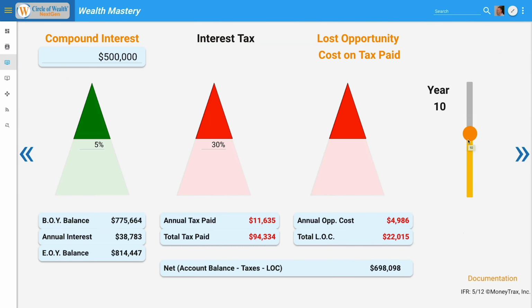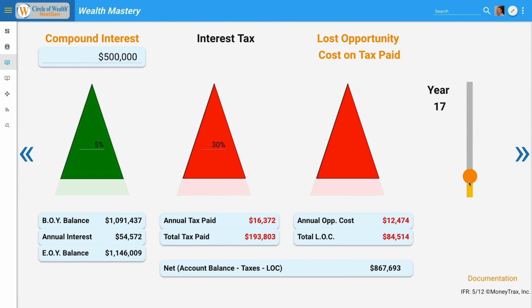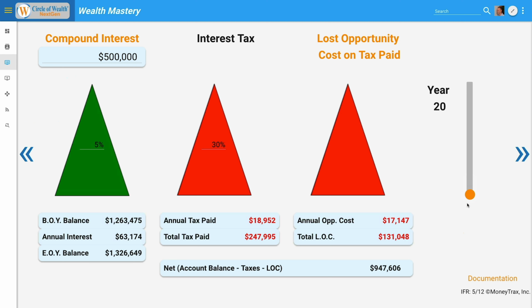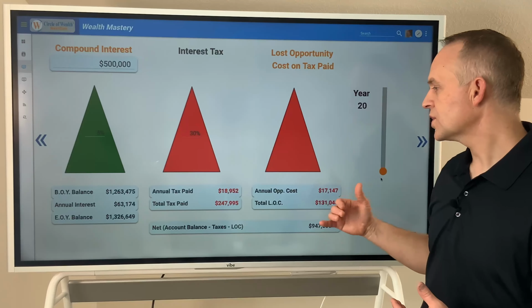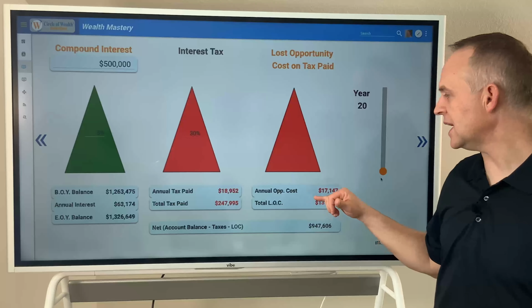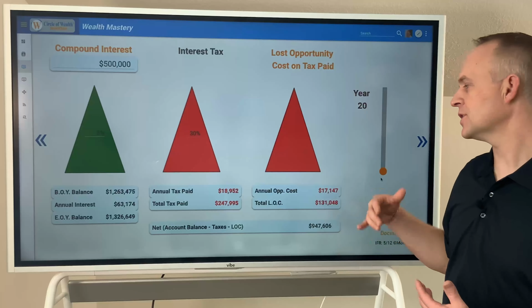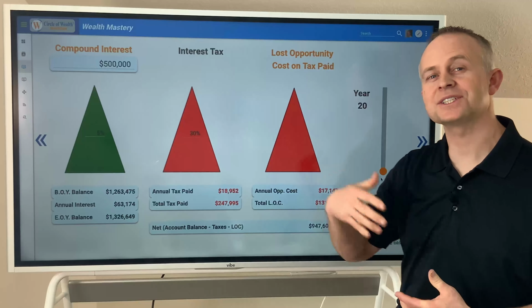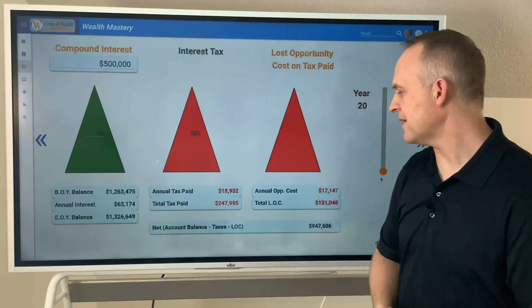Okay, so as we continue and go to the full 20 years, then yes, we do have our $1.3 million, but we've paid $247,000 in taxes out of our lifestyle, right? Which could have been earning interest for a total of $131,000 of interest that we could have earned.